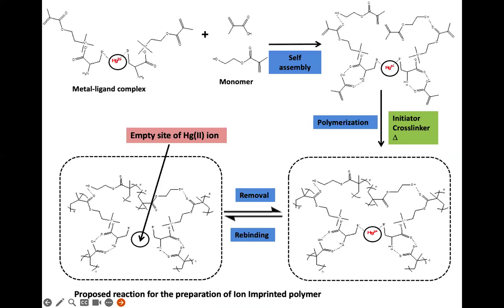Penicillin is a beta-lactam and is organic, so the functional groups are organic. But this time around it is an ion, because mercury is in the form of ions.